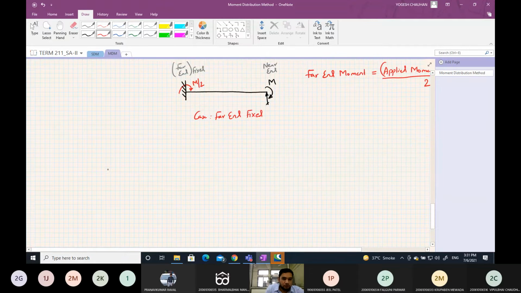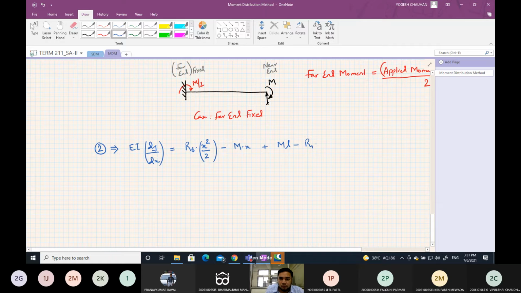Now, from equation number 2, we have EI dy by dx equals to RB x square by 2 minus M into x plus ML minus RB into L square by 2.